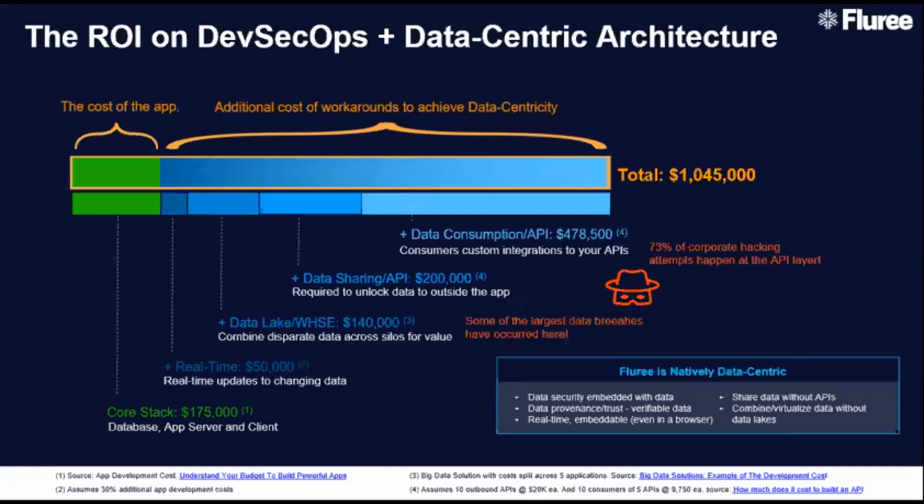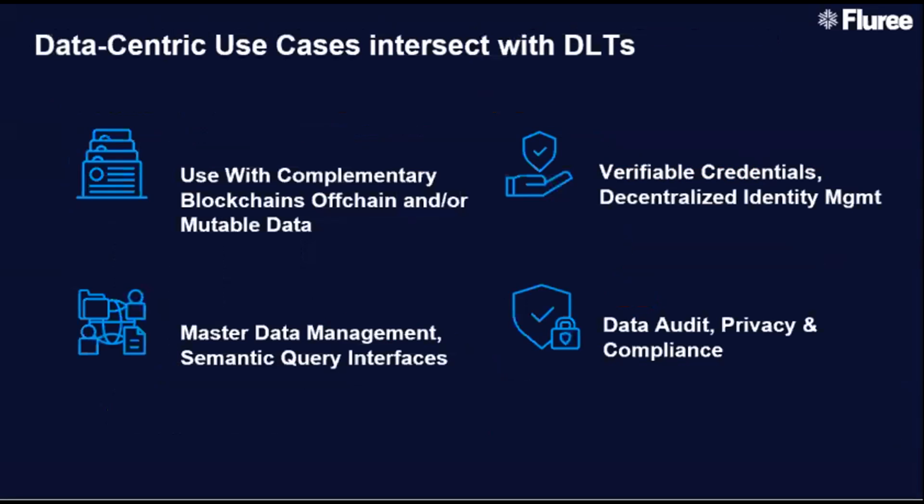But then by offering real-time query interfaces, moving data and shipping data into lakes and warehouses and other places, and just being able to share and consume through APIs, which give a very narrow view and a very narrow pipe into the data, this is also where a lot of the vulnerabilities are introduced in this chain. So we're working very hard to reduce this.